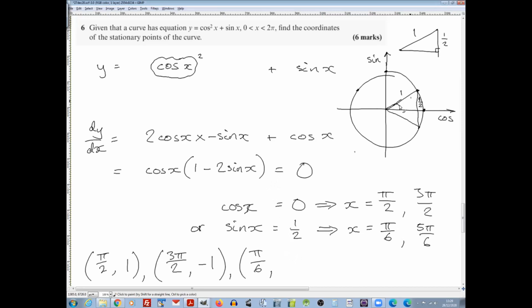Oh, sorry, that's the y value at that point on the unit circle, true. But the output of the whole function y here is a half plus cos squared, which was 3/4. So in total, 5/4. Good.